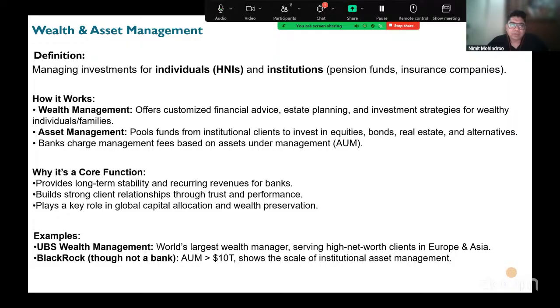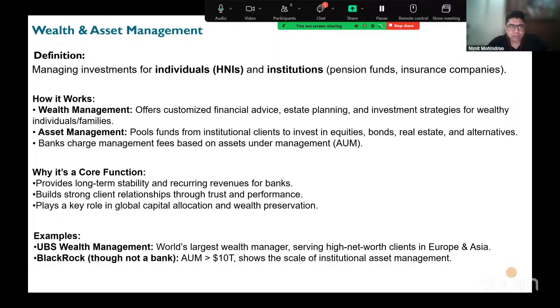So why it's a core function: it provides long-term stability and recurring revenues for banks, builds strong client relationships through trust and performance, and plays a key role in global capital allocation and wealth preservation. So examples are like UBS Wealth Management, the world's largest wealth manager serving high net worth clients in Europe and Asia.